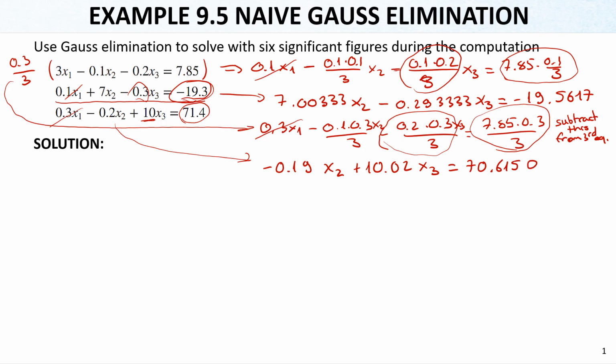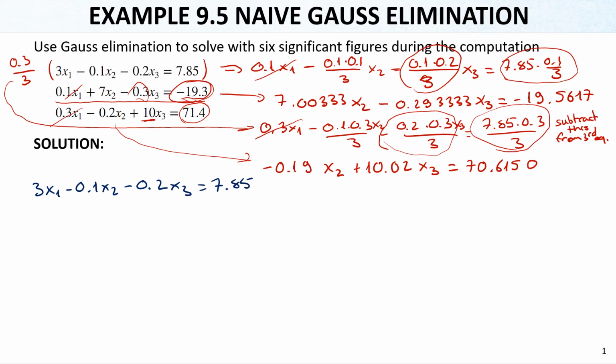So now we have three equations. The first one is the same, this equation. The second one is this with the elimination of x1, and the third one is this with the elimination of x1 again. So let me write these down. Simply 3x1 minus 0.1 x2 minus 0.2 x3 is equivalent to 7.85.